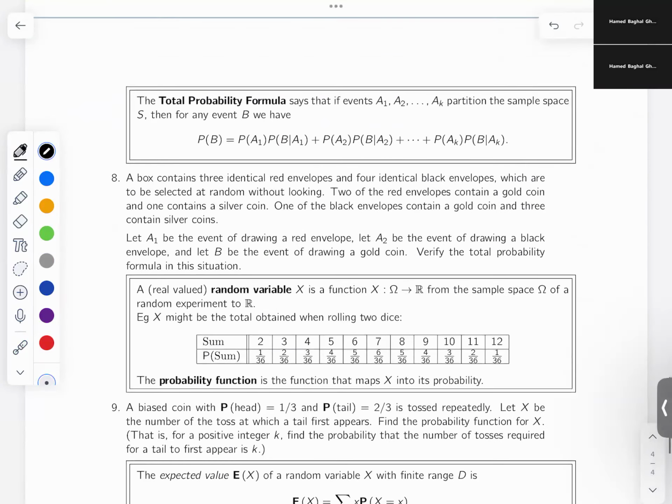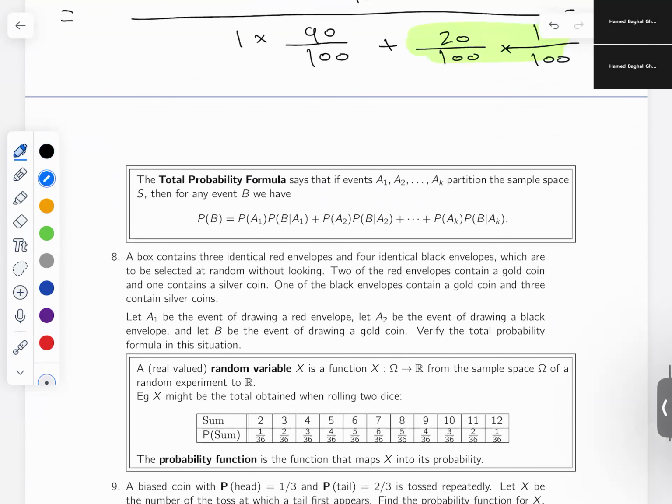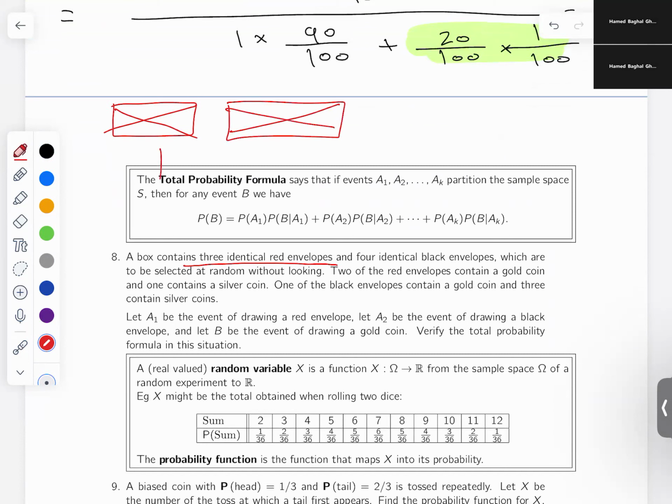So it says that we have got three identical red envelopes and a black envelope.